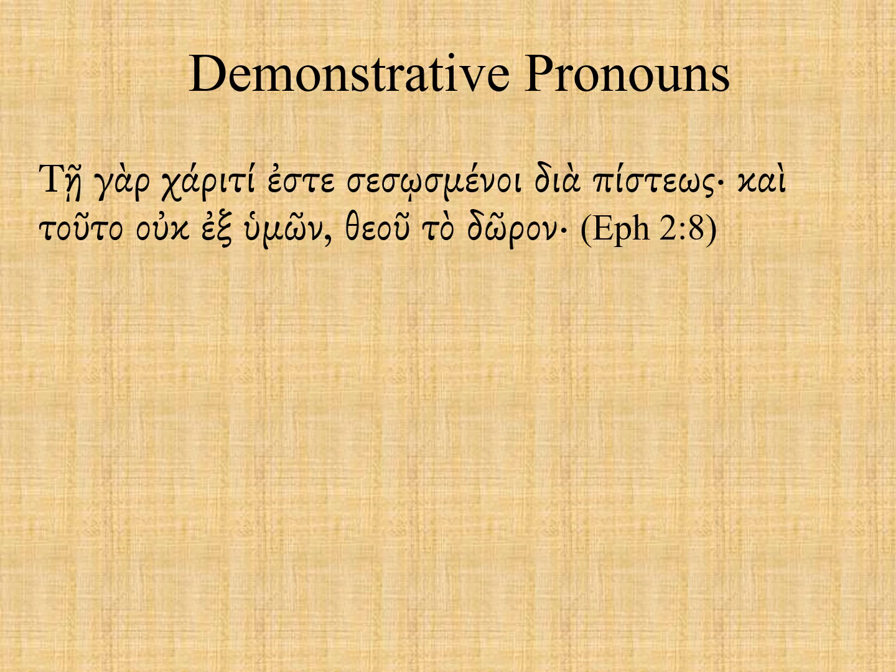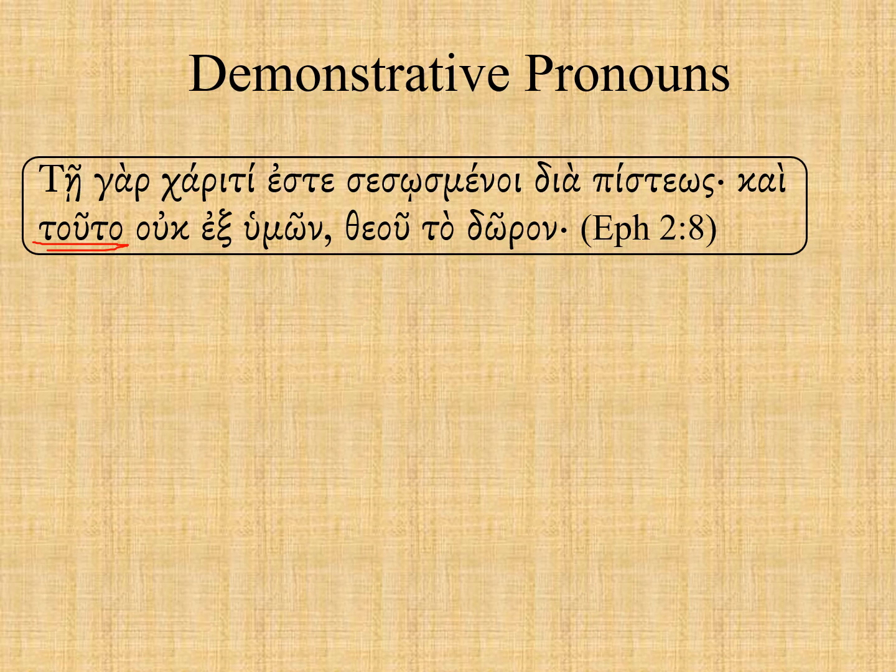Now let's take a look at one familiar scripture. Everybody knows Ephesians chapter 2 verse 8. Te gar chariti este sesosmenoi dia pisteos, kai touto ouk ex humon, theou to doron. Certainly there's a lot of vocabulary that you don't recognize, which is fine.